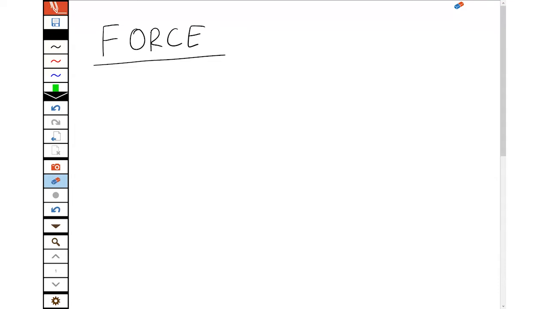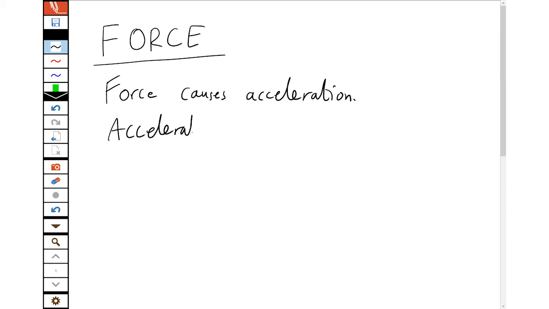What is a force? A force is something that can cause an acceleration. And we remember an acceleration causes a change in velocity. And we saw in the previous primer that a change in velocity can mean speeding up or slowing down or just changing direction.